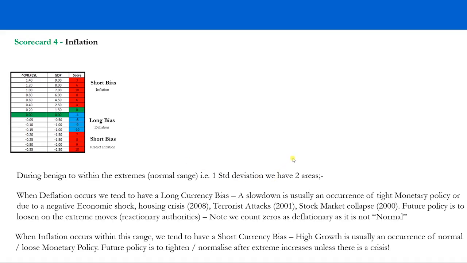Now, slowdowns throughout history are usually occurrences of tighter monetary policy that overshoots, or are due to a negative economic shock. Like the housing crisis we looked at earlier in 2008, and also in recent history, the terrorist attacks in 2001 and the stock market collapse in 2000.